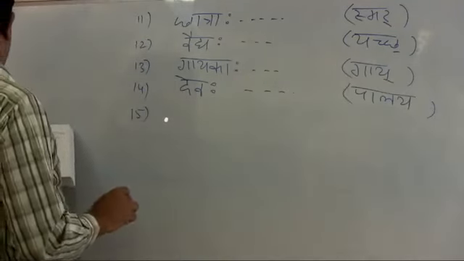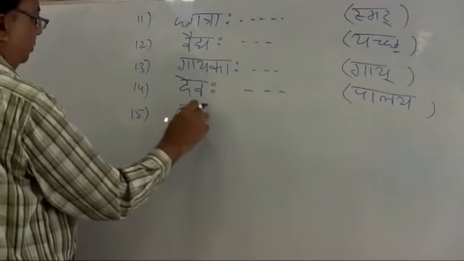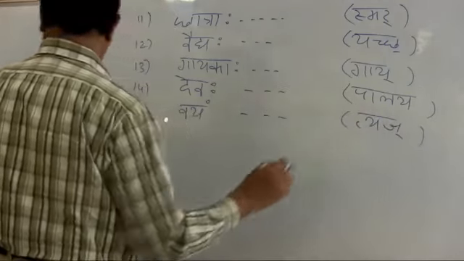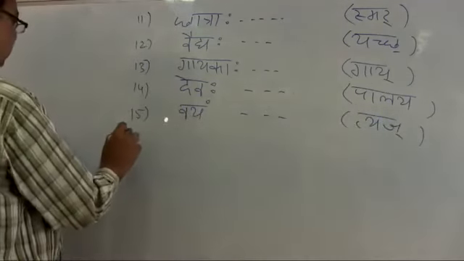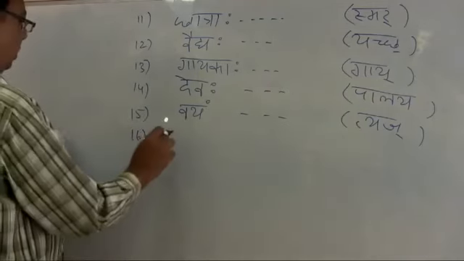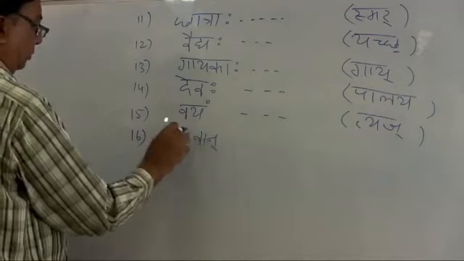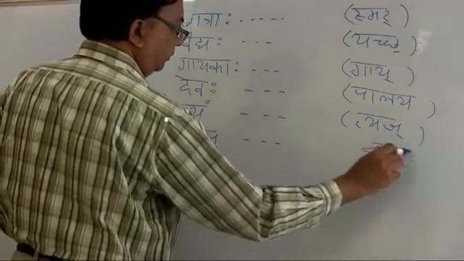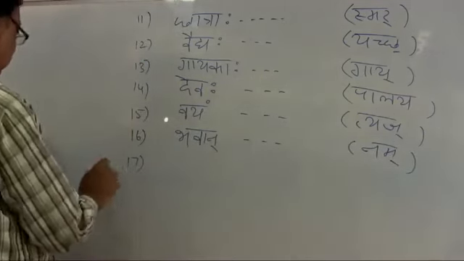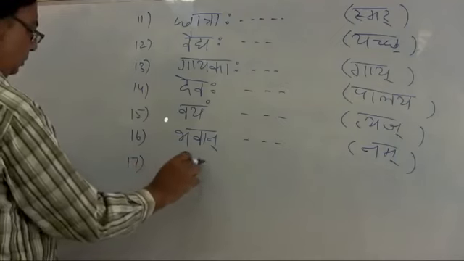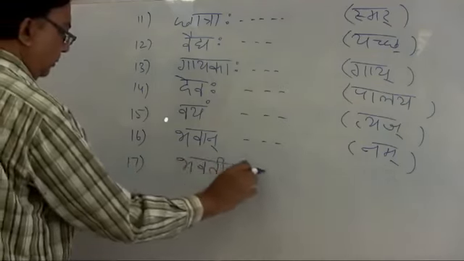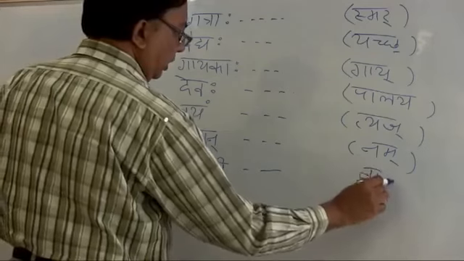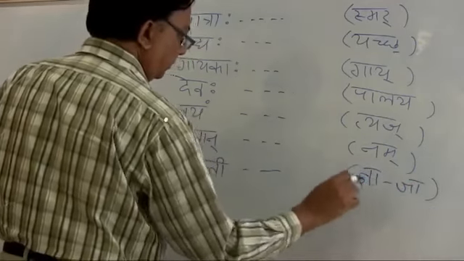15th is Vayam, the personal pronoun Vayam. Tyaja is the verb to be used here. Then 16th one, Bhavan, the pronoun Bhavan, Bhavat Shabda, with Nama, verb Nama is given. 17th sentence, Bhavati, the respectful pronouns Bhavan Bhavati, with the verb to be used here Gna, and it begins with Ja.